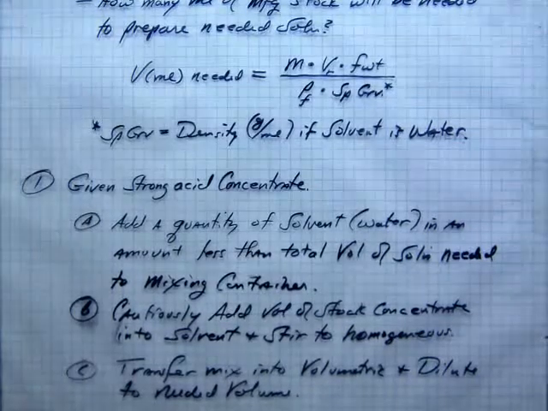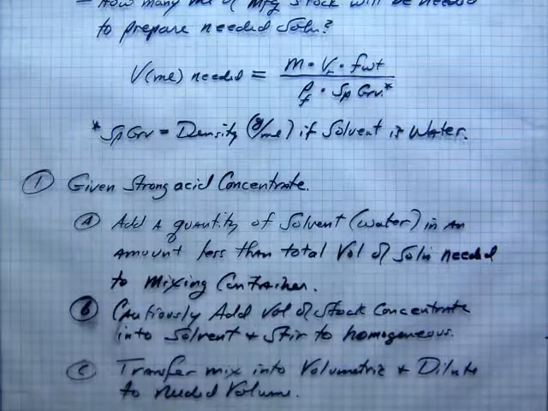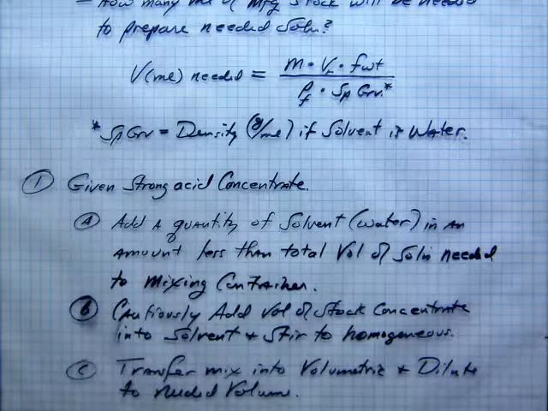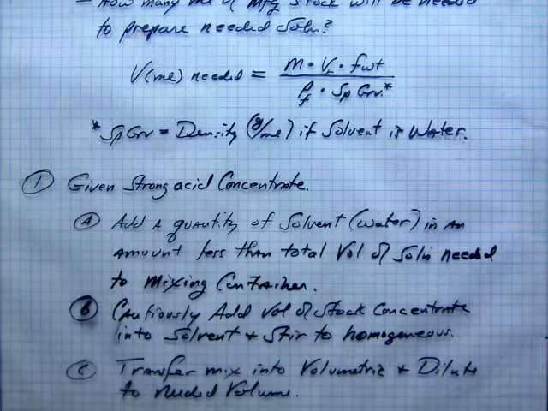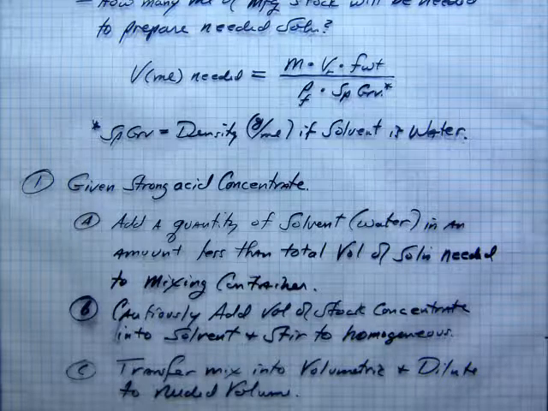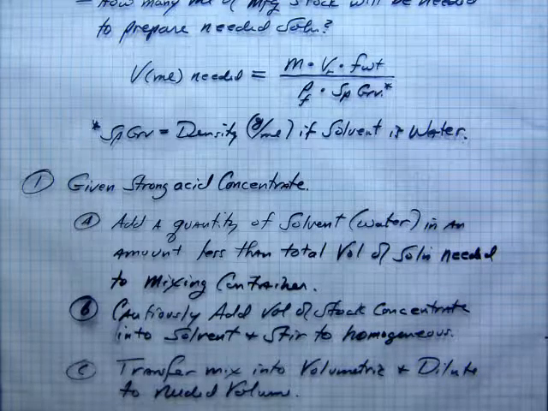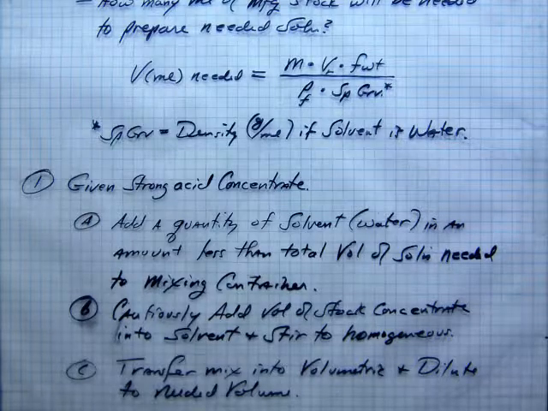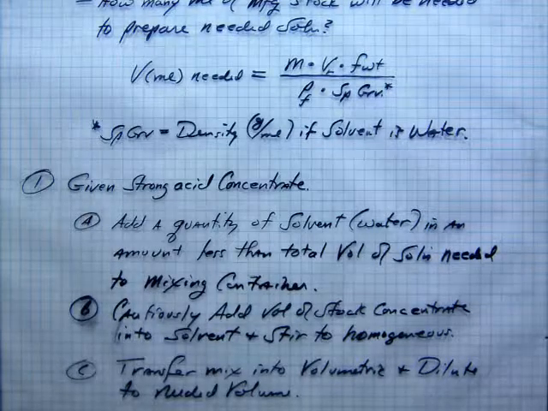So the emphasis here is, of course, on safety, and you want to wear appropriate protective clothing, goggles, rubber aprons, rubber gloves, whatever. If small drops get on your jeans or whatever, they'll eat a hole in it in a heartbeat. So you want to be very, very careful with strong reagents like this.